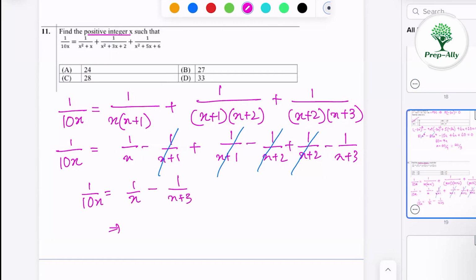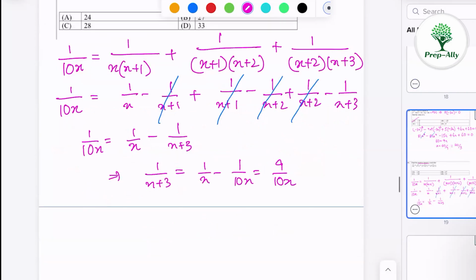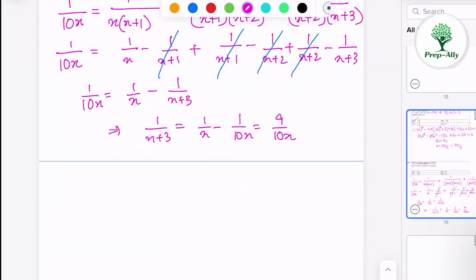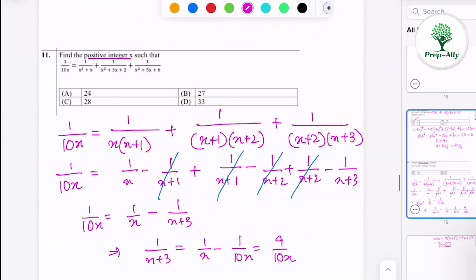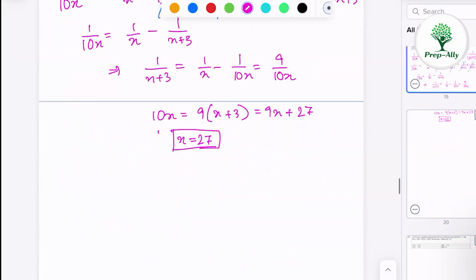So we have 1 by x plus 3 equals 1 by x minus 1 by 10x, which is equal to 9 by 10x. Now we have 10x equals 9 times x plus 3, which is equal to 9x plus 27. So from here we have x equals 27. So the answer is option B, 27.